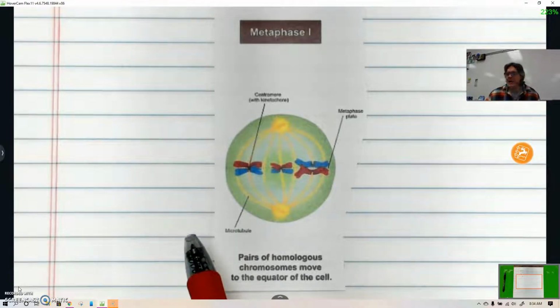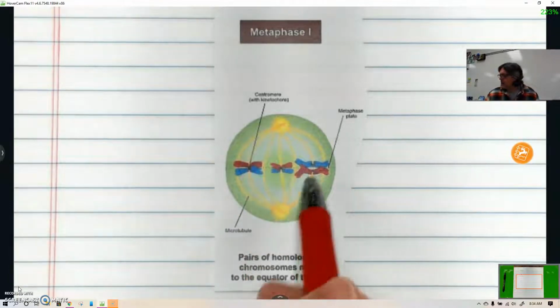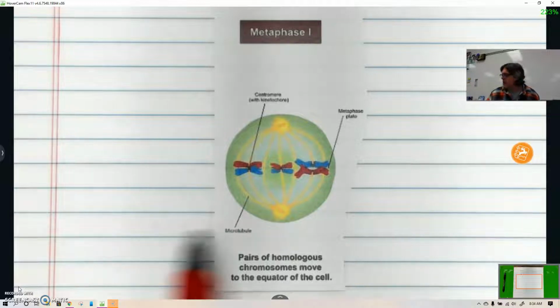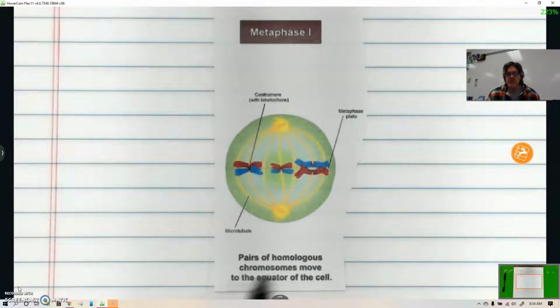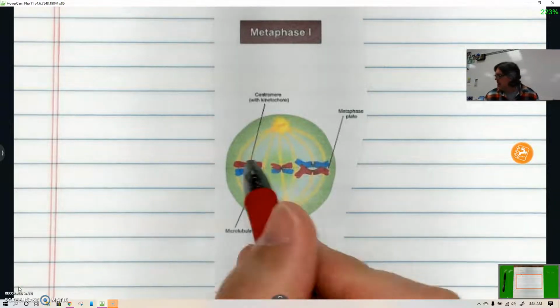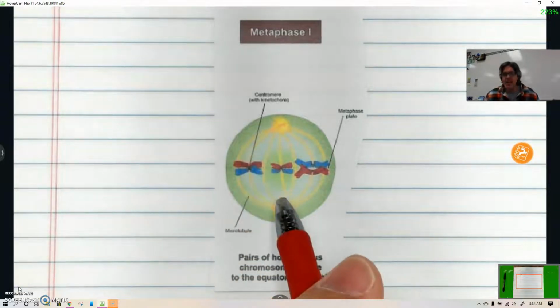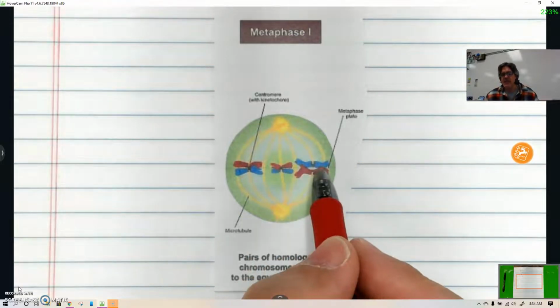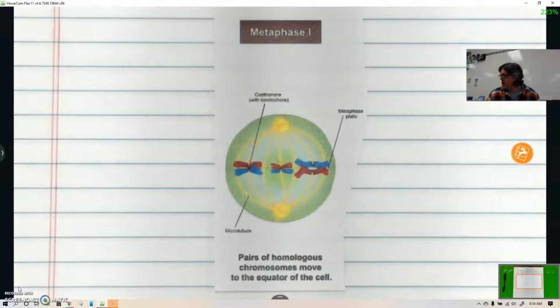Those homologous pairs are lined up in some random way across from each other on that equator, that middle line, okay? So pairs of homologous chromosomes move to the equator of the cell, and they do so, like I said, in pairs, all right? So it's a little different than mitosis because of how they're arranged on the equator, all right? So go ahead and pause it and sketch what that looks like.